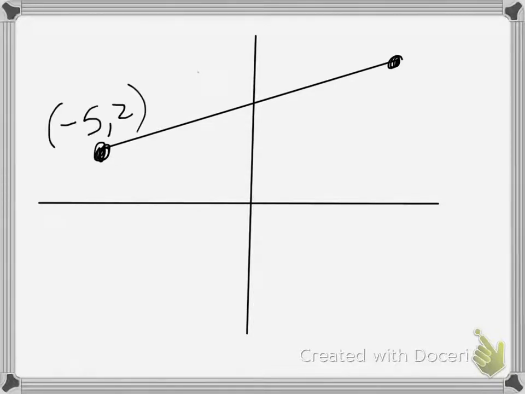Let's say here's my graph. Here's 2 points. They're connected with a line segment. We'll say this is the point -5, 2. We'll say this is +5, 4.